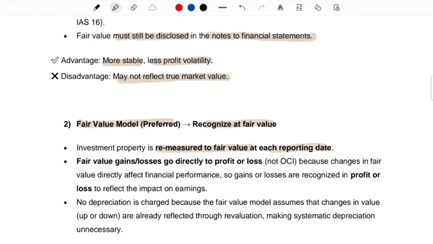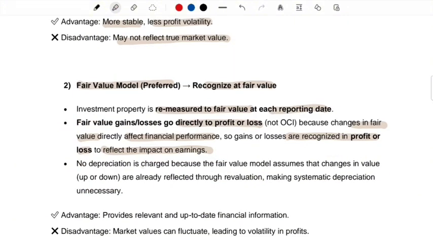Fair value gains and losses are going to go through profit or loss, not other comprehensive income. In IAS 16, any gain on revaluation is taken to other comprehensive income. But here, any gain or loss will directly go to profit or loss, because changes in fair value directly affect the financial performance. So gains or losses are recognized in profit or loss to reflect the impact on earnings.